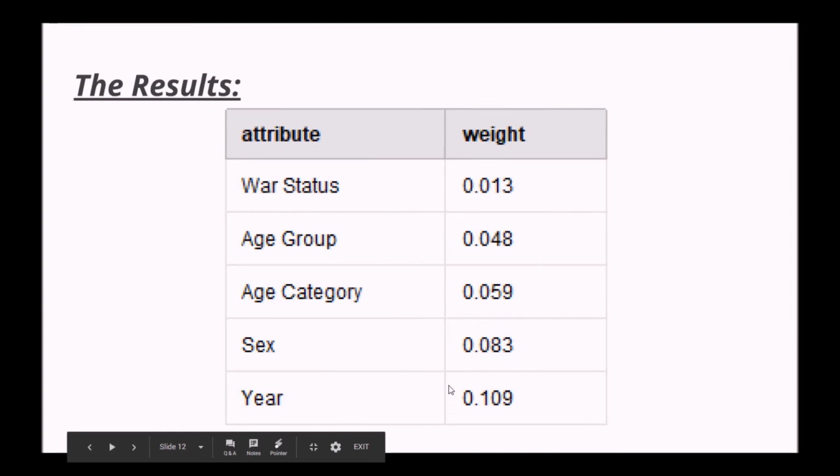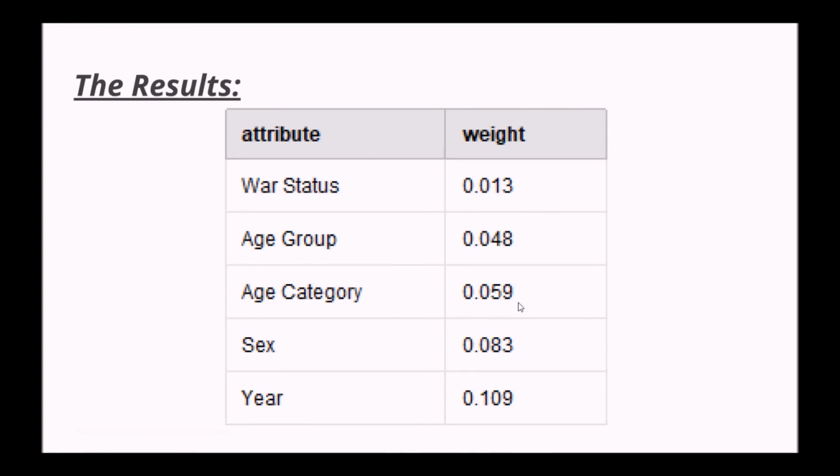Other notable ones: sex. We already know that women have a lower mortality rate than men, or at least their expected age of death is higher than men's. Also, the age category seems pretty related.